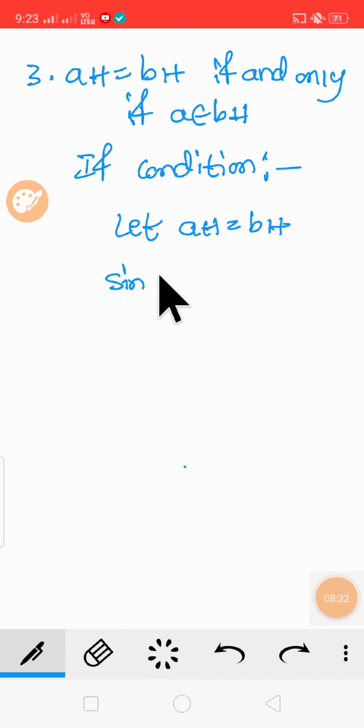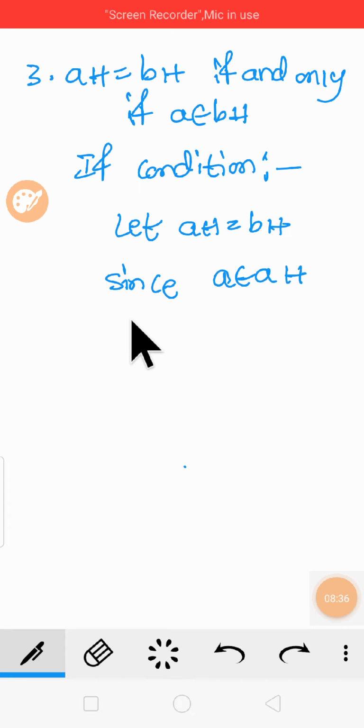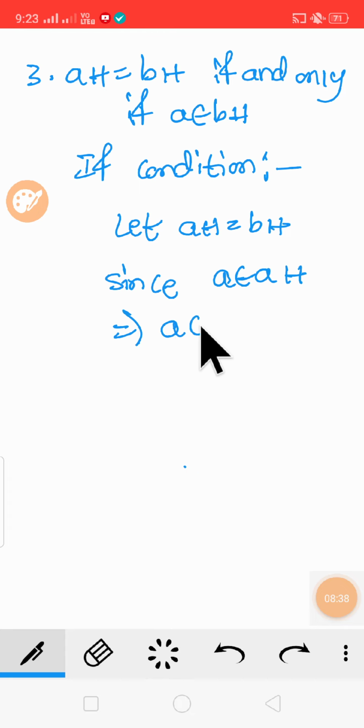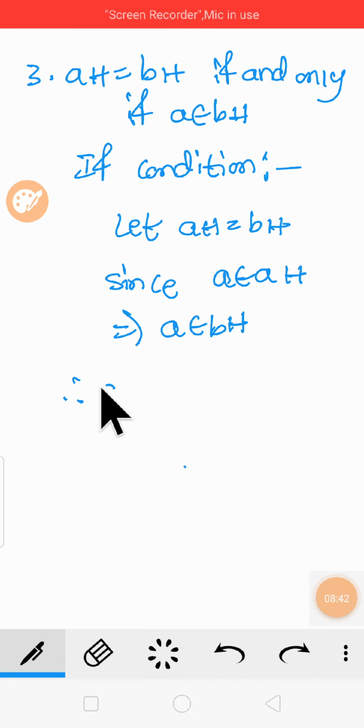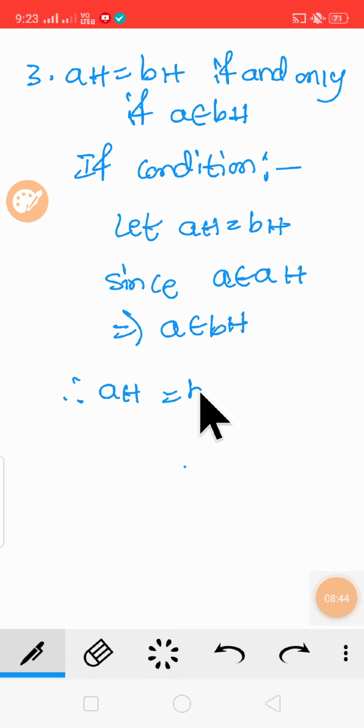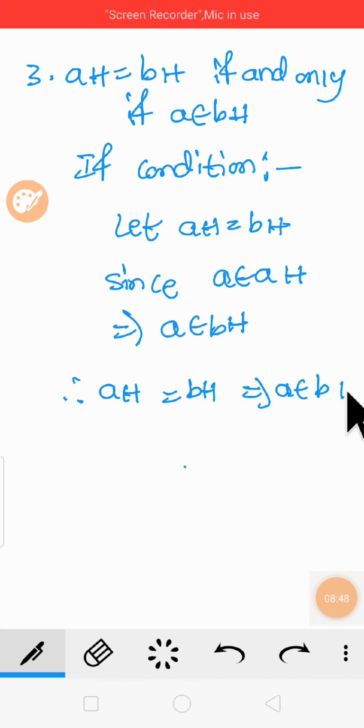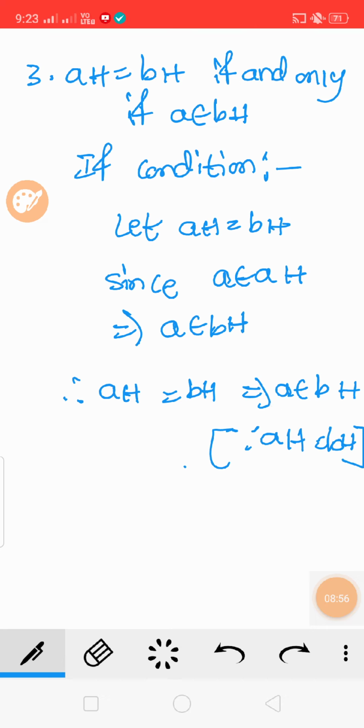Since a belongs to aH, implies a belongs to bH. Therefore, aH = bH implies a belongs to bH, since aH = bH. This condition we have. The if condition is true.